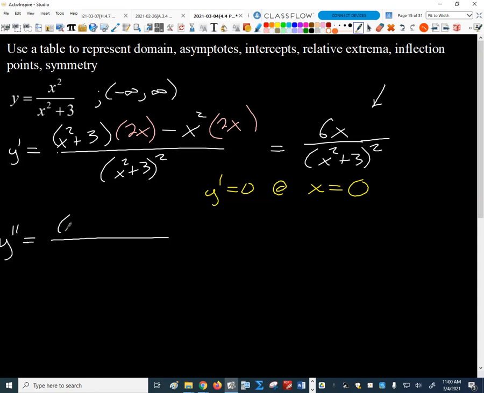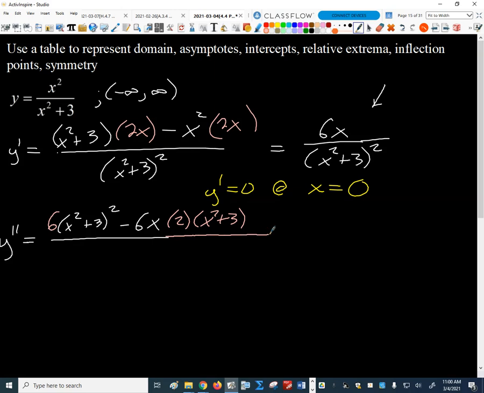So I get the quantity x squared plus 3 squared times the derivative of that, which is 6. We'll go ahead and put that out front. That was smart. Minus 6x times, you have to use the chain rule. Good. 2 times the quantity x squared plus 3.